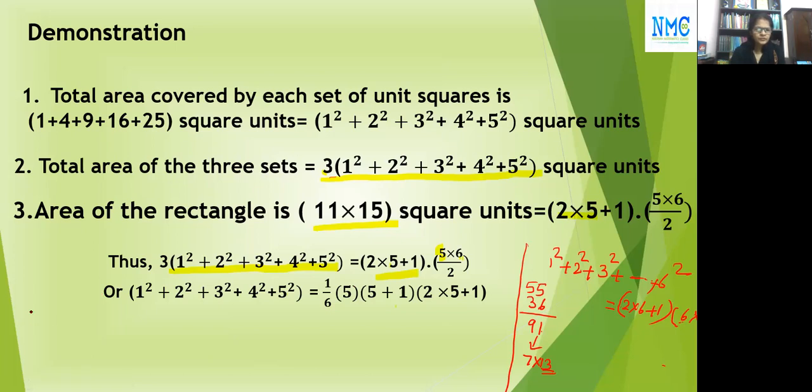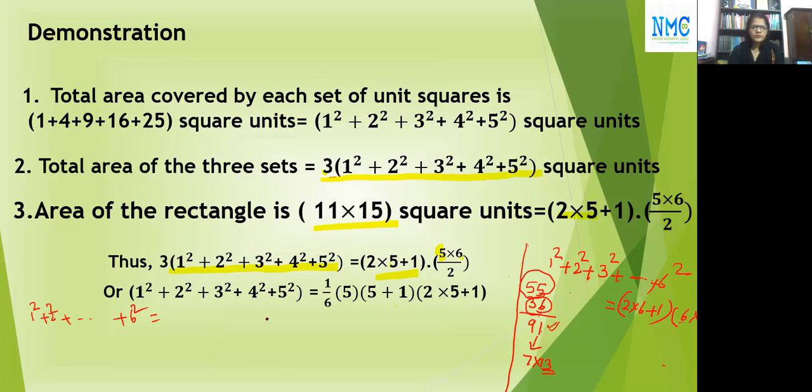If I write 1 square, 2 square up to 6 square: 1 square up to 5 square is 55, and now adding 6 square, which is 36, the total from 1 square till 6 square is 91. 91 can be taken as 7 into 13. So if you consider the rectangle, it will be length 13, breadth 7 units, area 91 square units.